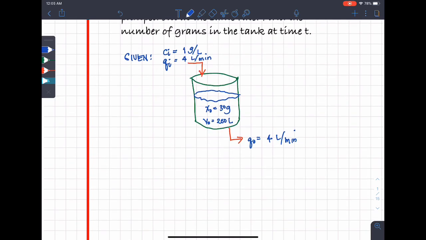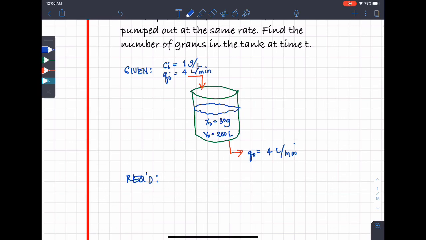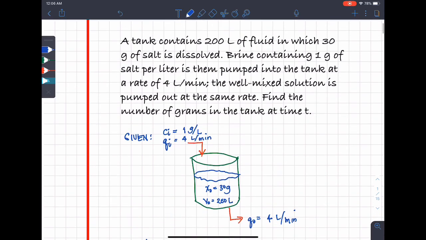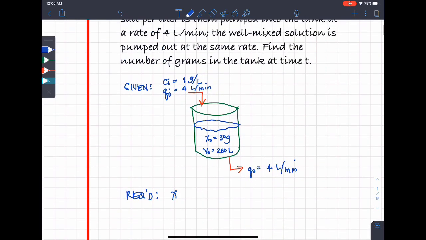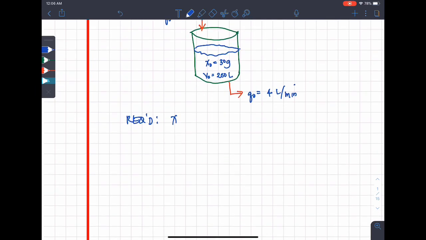For our solution, what is required is to find the amount of the substance, in this case salt, at any instant of time.